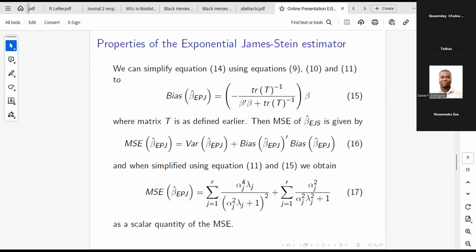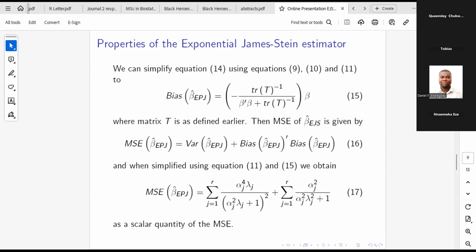And then we are also getting the product of what we are estimating, and since it's a matrix, the transpose times the other matrix of beta.